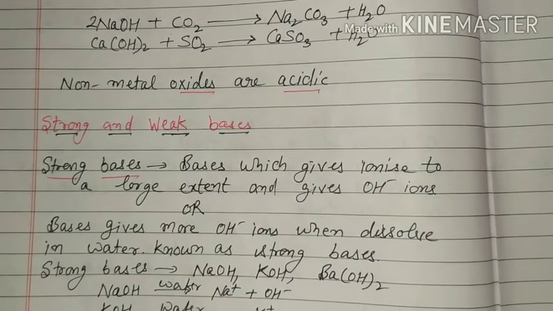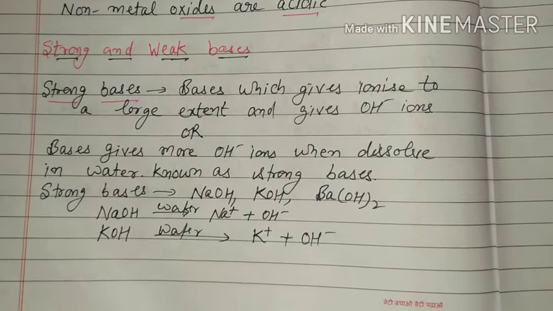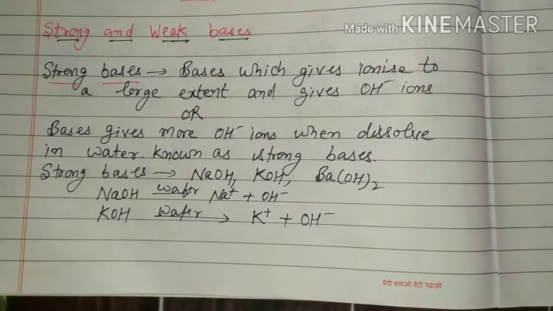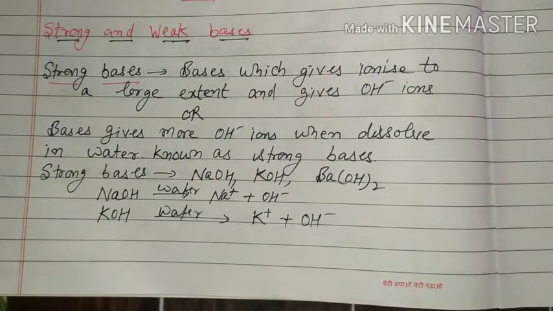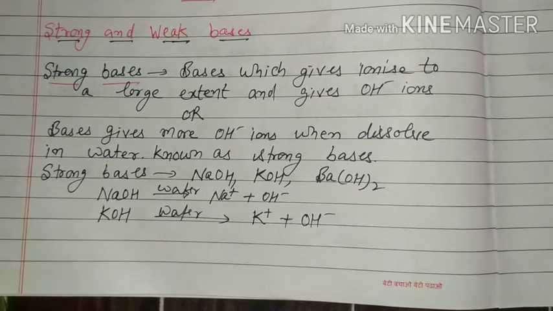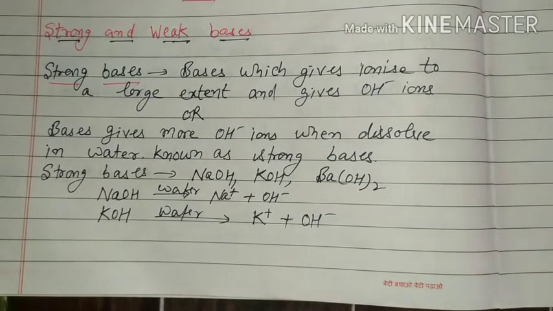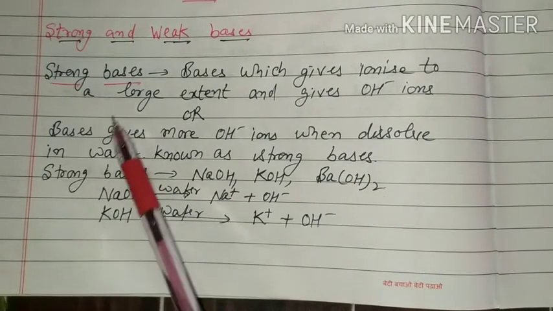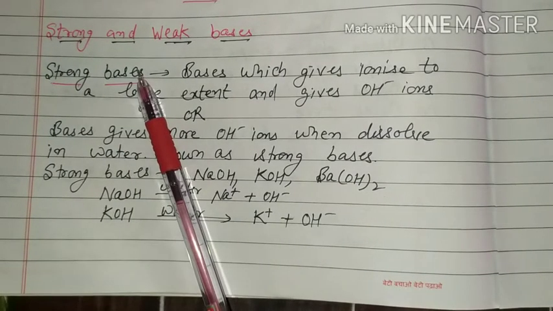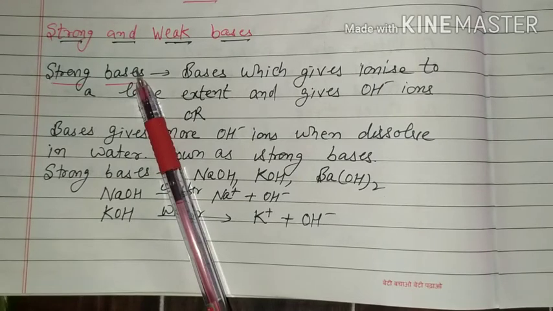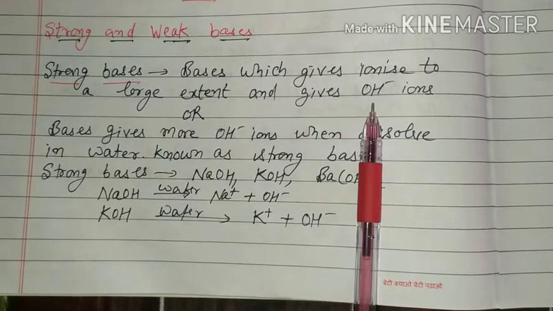Now, strong and weak bases. First of all, what is the general meaning of strong? Strong means having more power or more substance. Strong bases: first, what is a base? A base gives OH negative ions when dissolved in water.